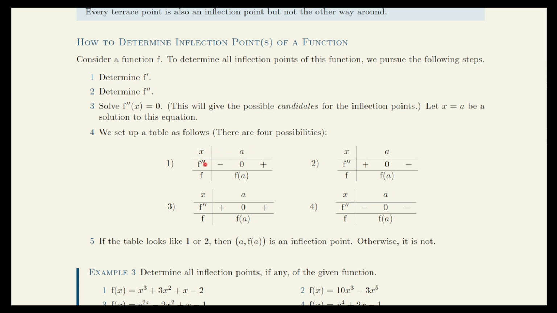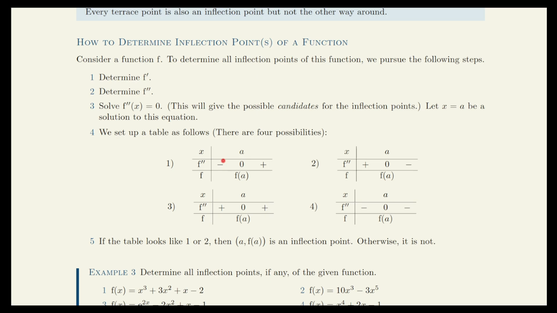And then, of course, the second derivative at that point becomes 0. And if you put this in the function itself, it becomes f of a. Then you determine the sign, positiveness or negativeness, of f double prime on the left side of a and on the right side of a, exactly with the similar method that you learned by plugging some random number before.